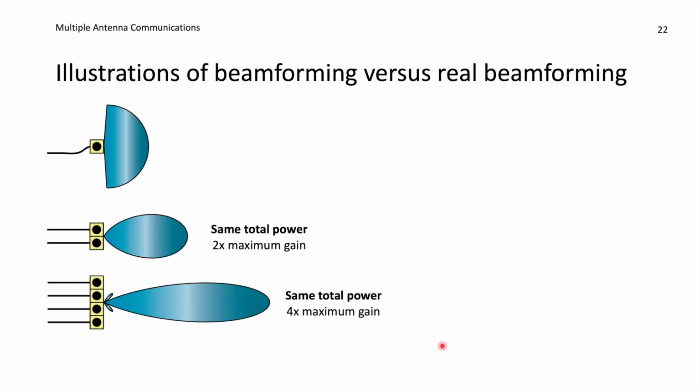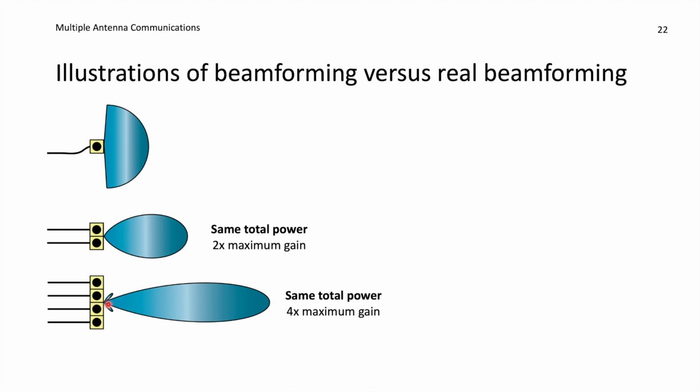One way of illustrating beamforming from a transmitter is that you take one antenna that is radiating its power in an isotropic manner. Then you take two antennas that are transmitting the same signal but with half of the power each, and they are creating a directive transmission like this with twice the amount of power in the main direction, forward in this case. And then you can continue by taking four antennas that are sending the same signal, and then you get 4 times stronger signal in the main direction.